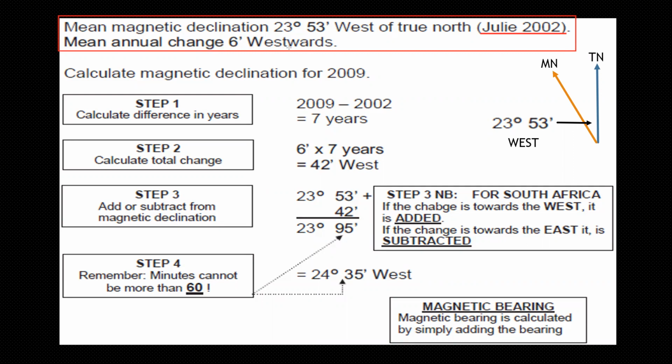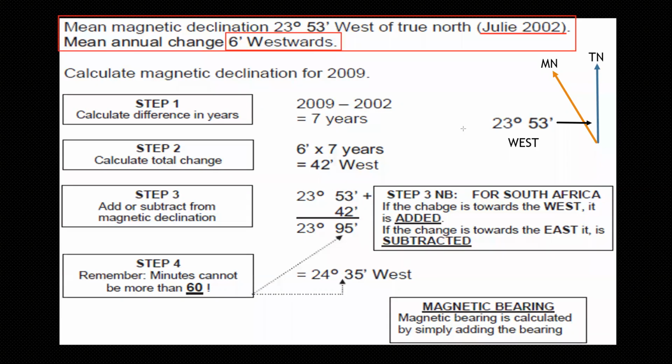So now that we have our information, we are able to work out our magnetic declination. Here the question that they might ask you is to calculate the magnetic declination for 2009. This is the current one that they want you to find. Previously, you last worked it out in July 2002. So it's been several years since you have last checked it, and it moves 6 minutes towards the west every single year.